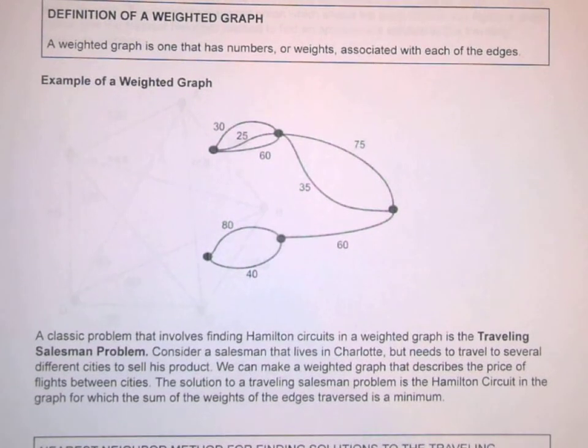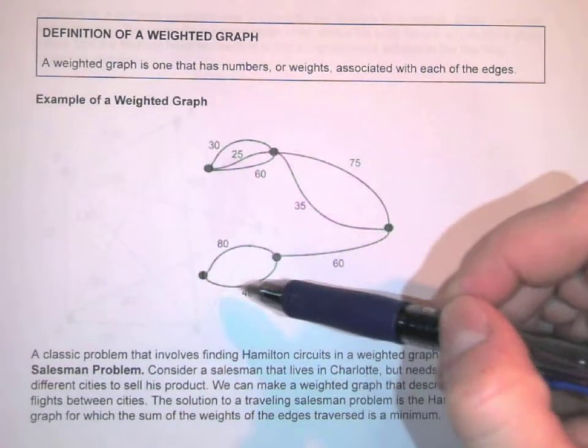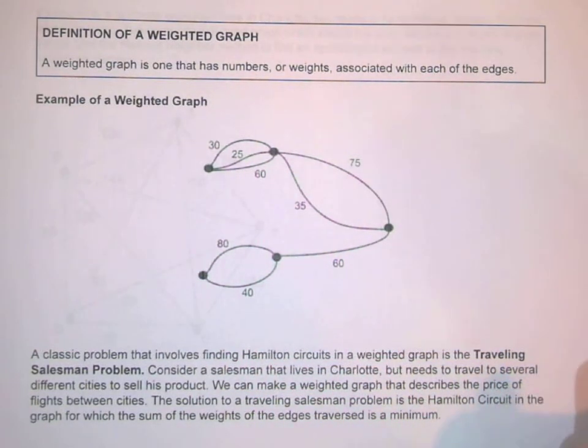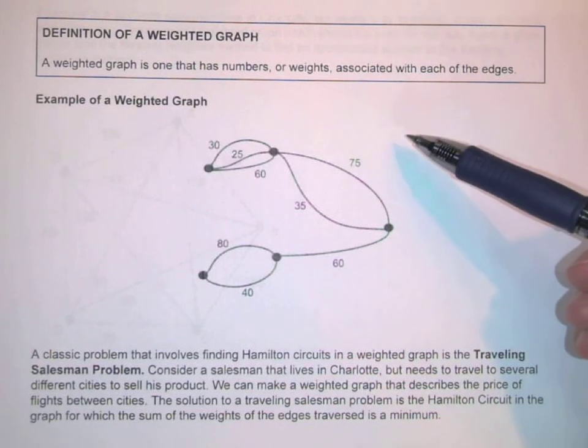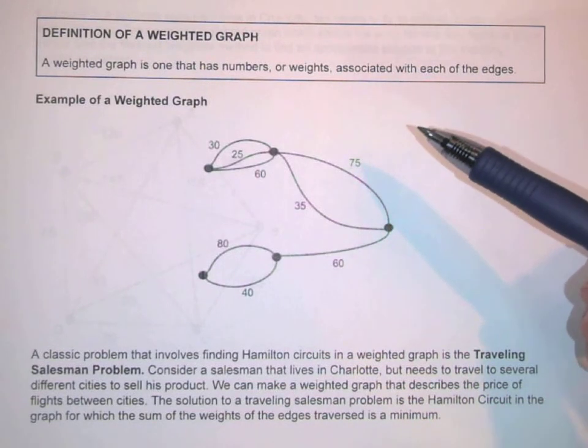So there are a few different ways to do this. We could write down all the possible Hamilton circuits in a graph and then add up all of their weights and then see which one has the smallest sum of weights, but that is really, really tedious.